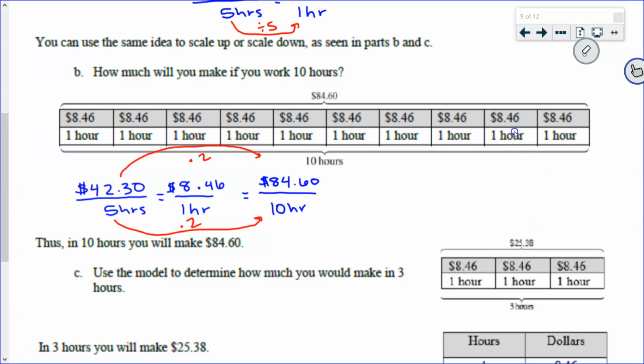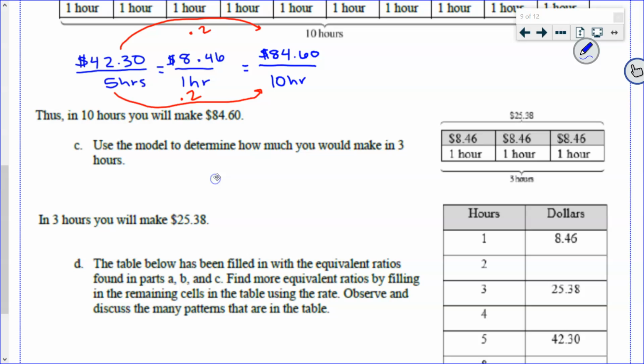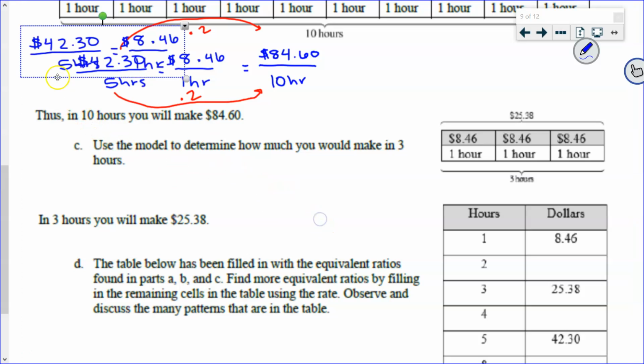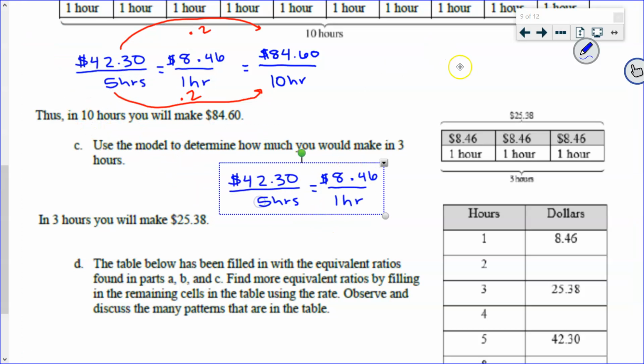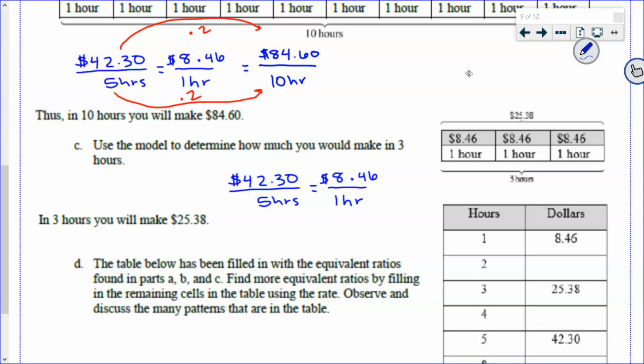So again, could you have drawn out this bar model? Sure, but this is a lot easier. And it's especially helpful that we've already been through this when we get down to this problem. And yes, I just copied and pasted it again because I want you to recognize once we find that unit rate, it's so much easier to reuse it again and again and again.